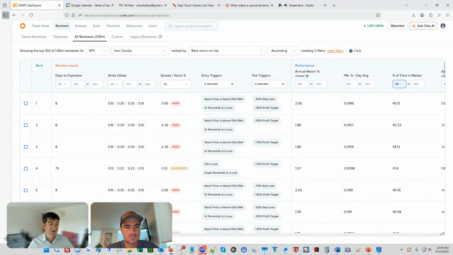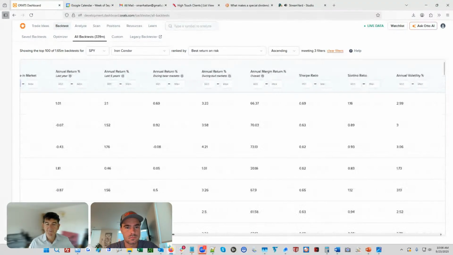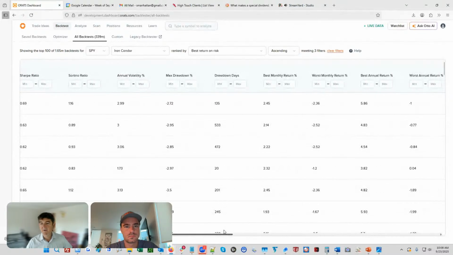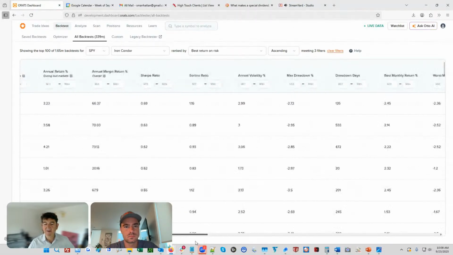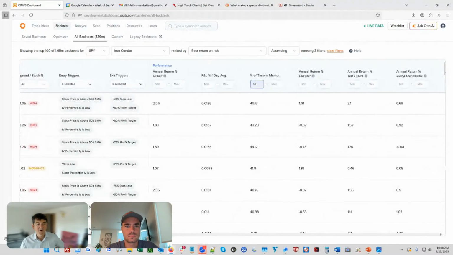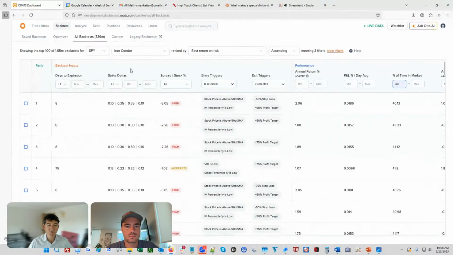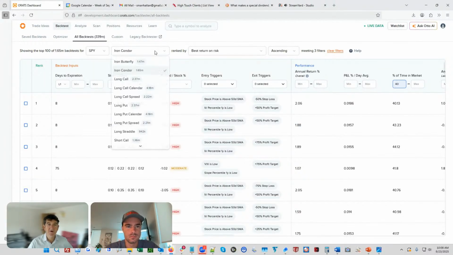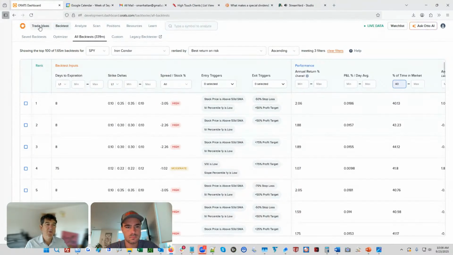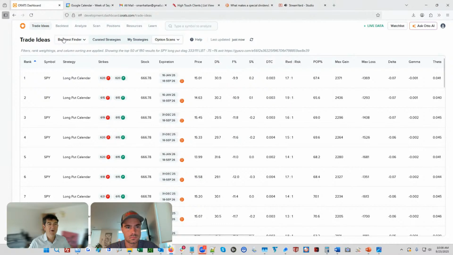It's just an amazing table for you to find backtests that explicitly match all the factors that you would want for the strategy. So what we do is we go through all these, we actually do a selected number of ETFs and stocks, and select a number of strategies on the back end and throw them into the trade ideas.